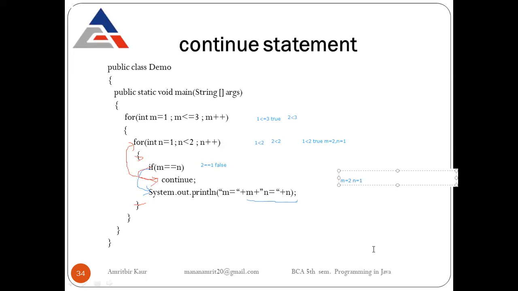Continue helps to skip m equals to 1 and n equals to 1; it is skipped by continue. So continue skips the remaining portion and transfers control to the beginning, because at first, when this condition is true, due to continue the remaining portion is skipped.